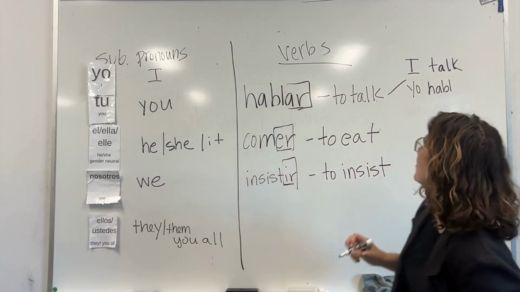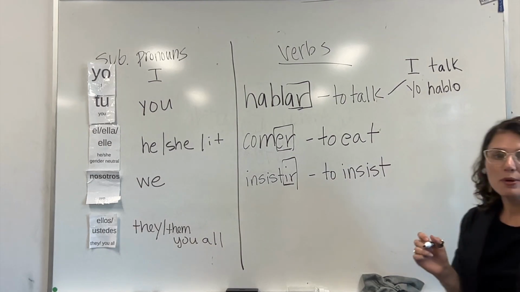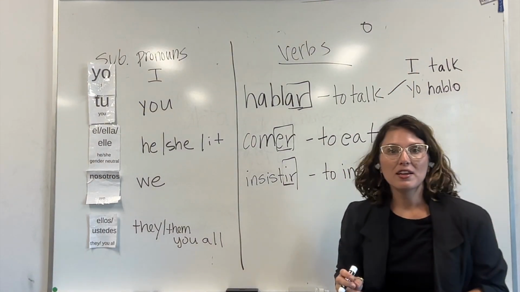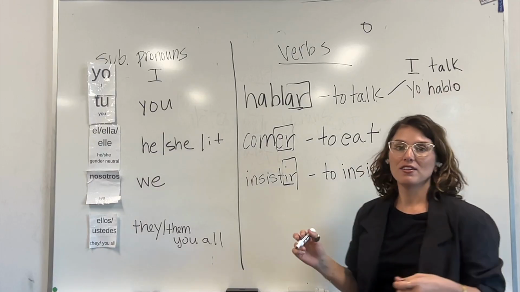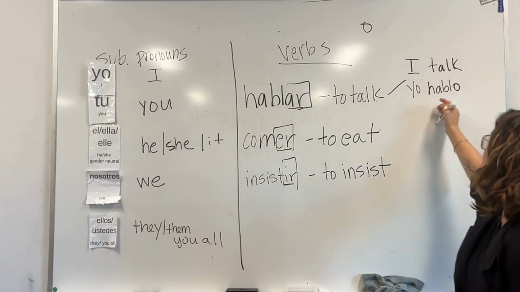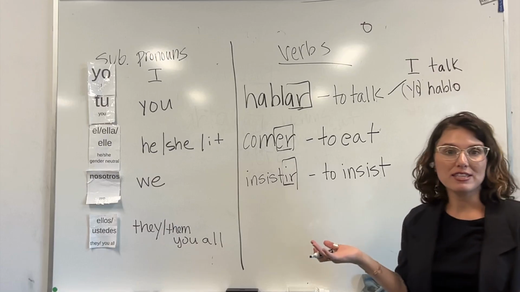And we're going to replace it with the O. So we know that the O ending is going to mean I. So you can say yo hablo. This means I talk. The yo is also optional. You can just say hablo, and this means I talk.